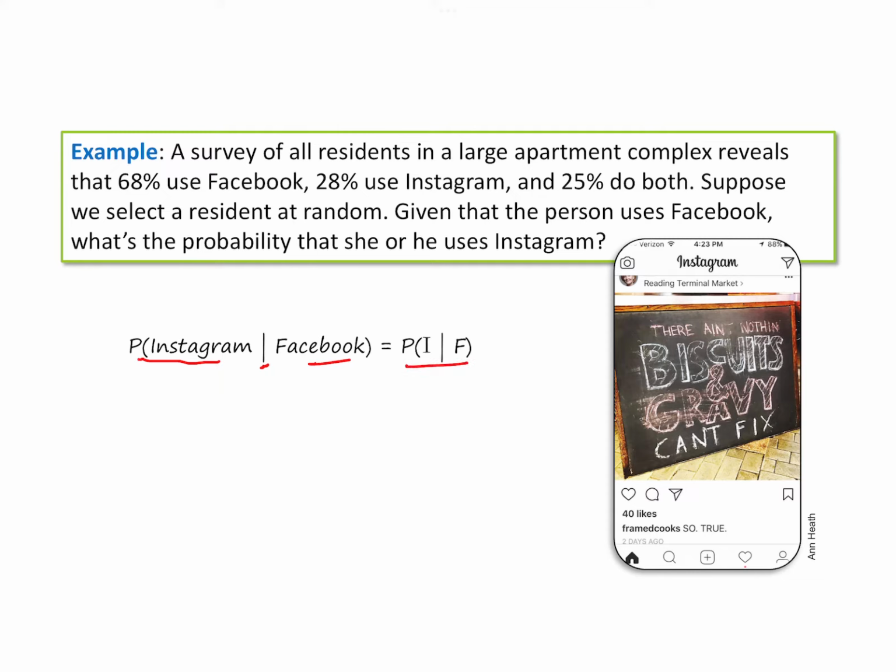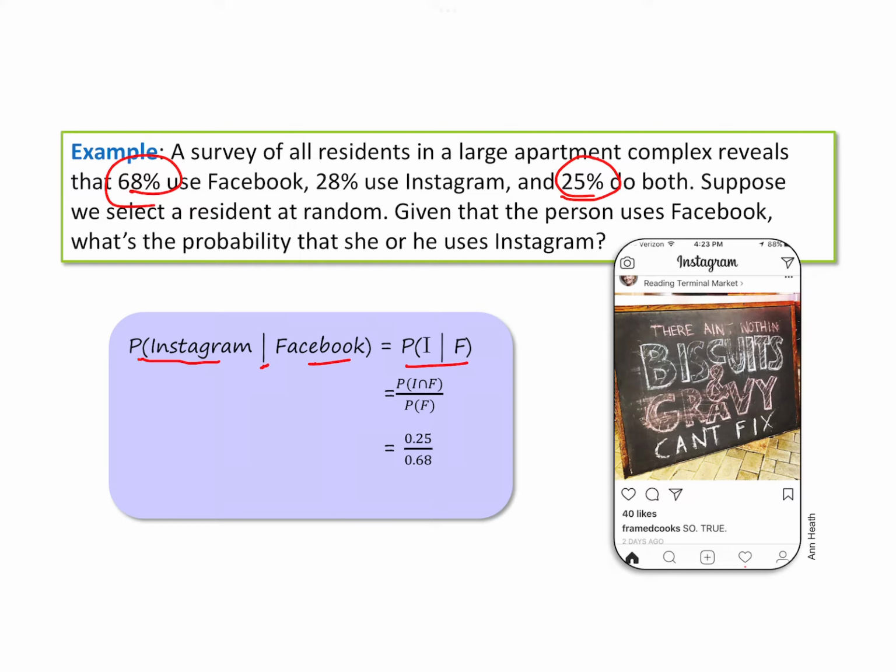This is just our notation, I and F. So if we use our formula, we want the probability of Instagram and Facebook over the probability of Facebook. Instagram and Facebook would be our 25%. Facebook would just be our 68%. So we're going to have 0.25 divided by 0.68. We get 0.368. So we can use our formula. It's something that you'll need to know. So that's just looking at some given information.